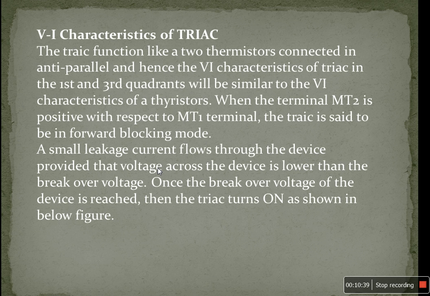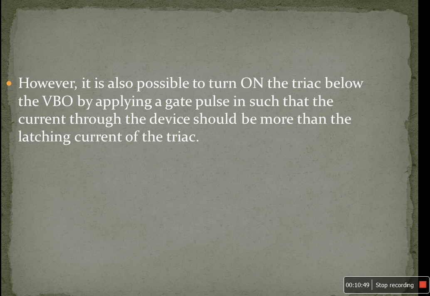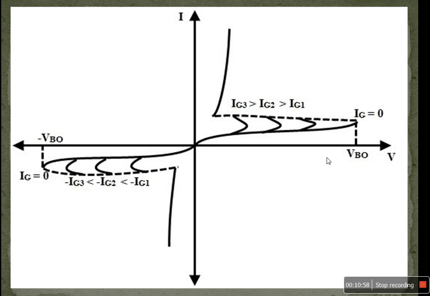A small leakage current flows through the device provided that the voltage across the device is lower than the breakover voltage. Once the voltage crosses the breakover voltage, the triac will be turned on by applying the gate pulse. If you keep on increasing the gate voltage, the triac conditions will be different.